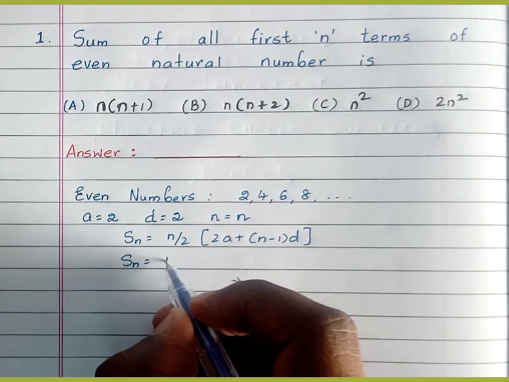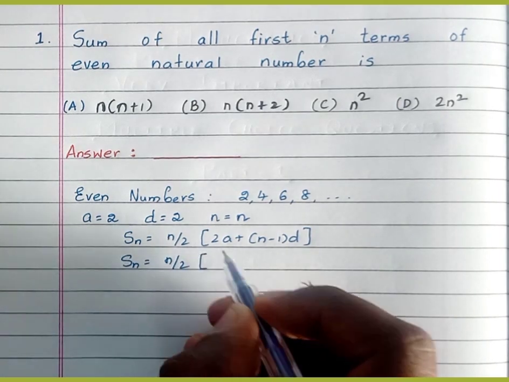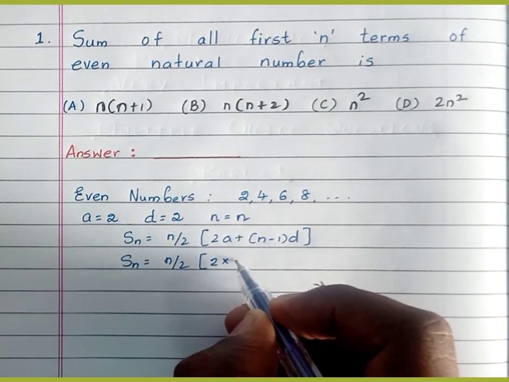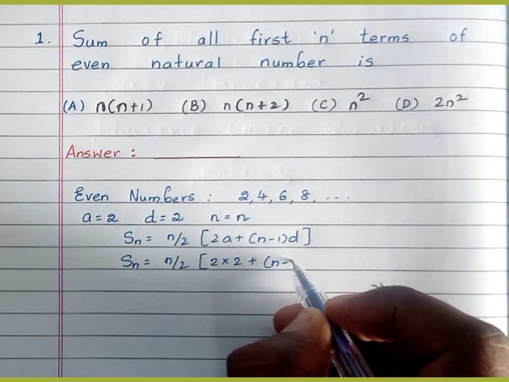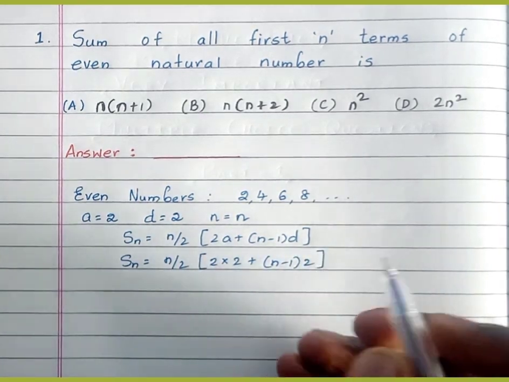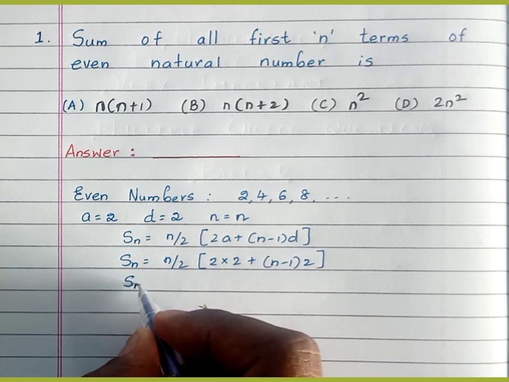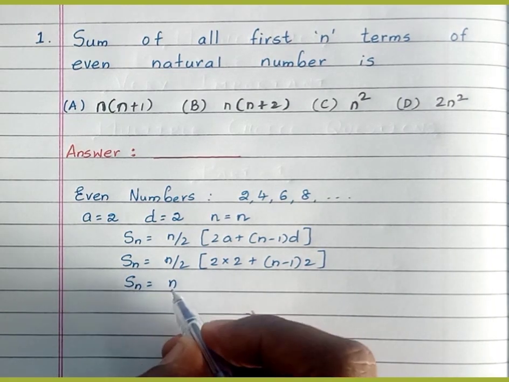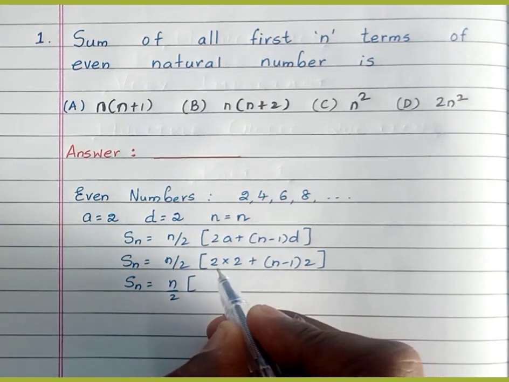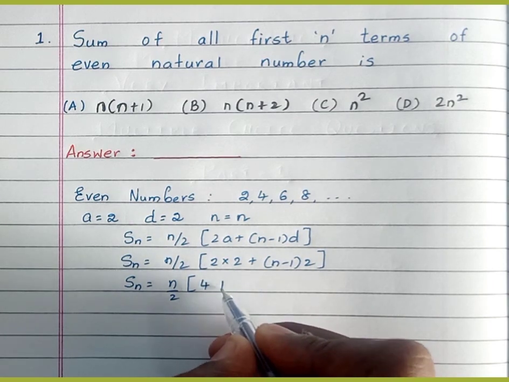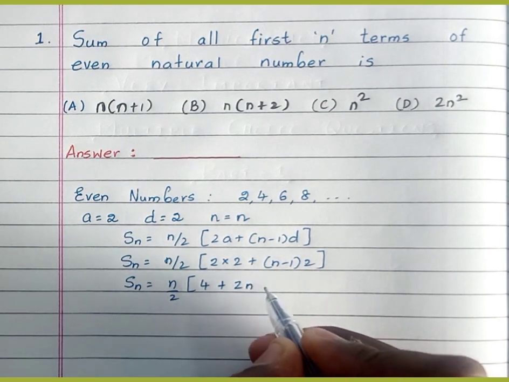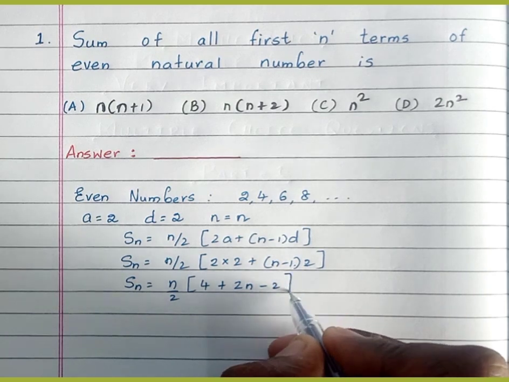Therefore, Sn equals n divided by 2 into 2 times a is 2 into 2 plus n minus 1 into d is 2. Now, Sn equals n divided by 2 into 2 times 2 is 4 plus 2 into n is 2n, then 2 ones are 2.